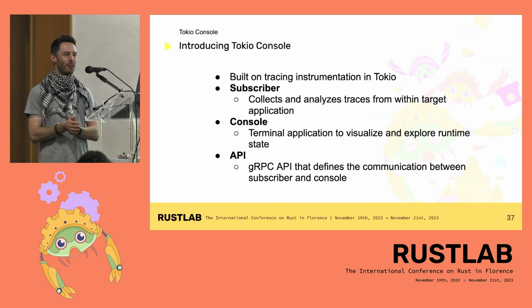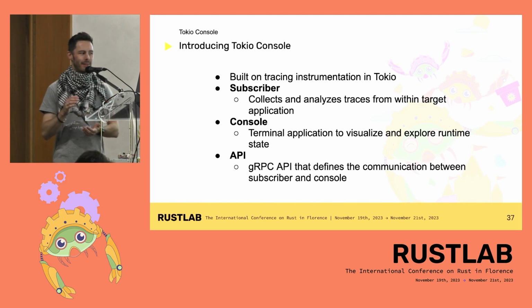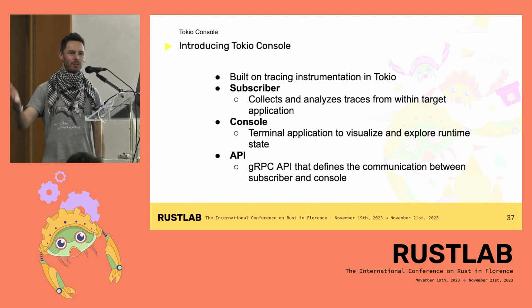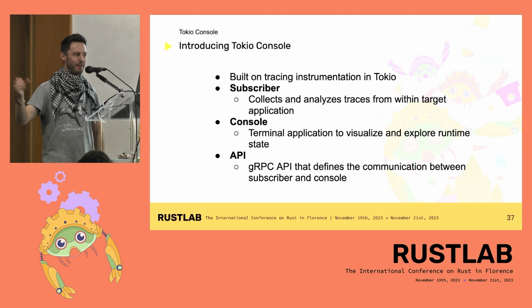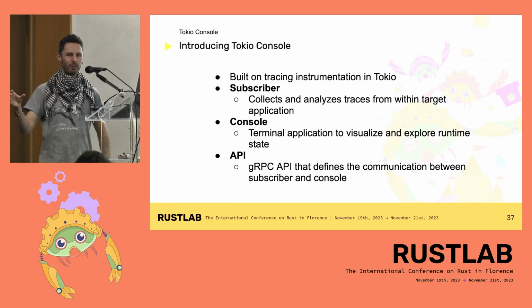So, Tokio Console is made up of 3 parts. There is a subscriber. This collects and analyzes the traces, which are in Tokio, from within the target application. It is a tracing subscriber inside your own application. There's the console. This is a terminal application, which allows you to visualize and explore the state of the runtime.